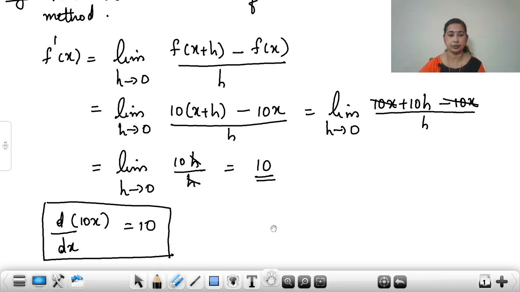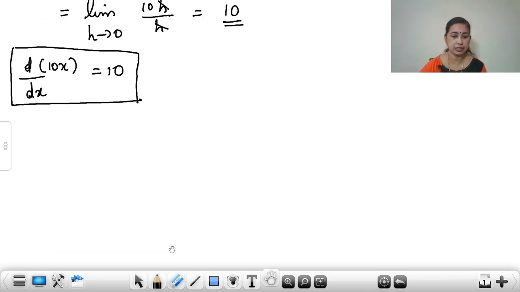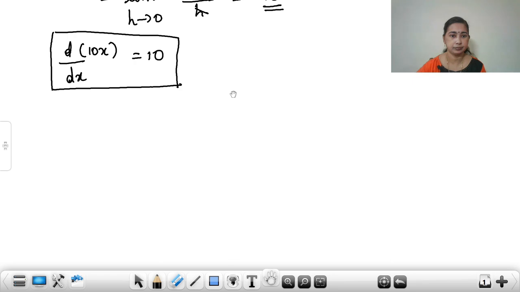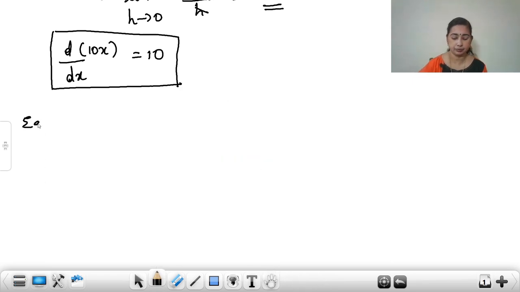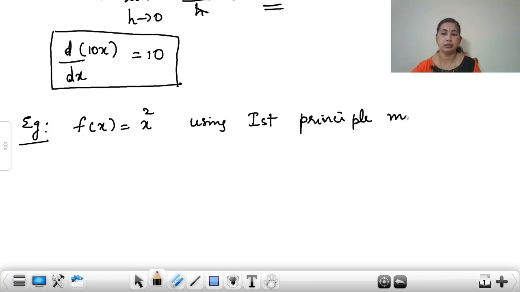Then next one, using the first principle method itself, we will do the next question. Another example. Find the derivative of f of x equal to x square using the first principle method.